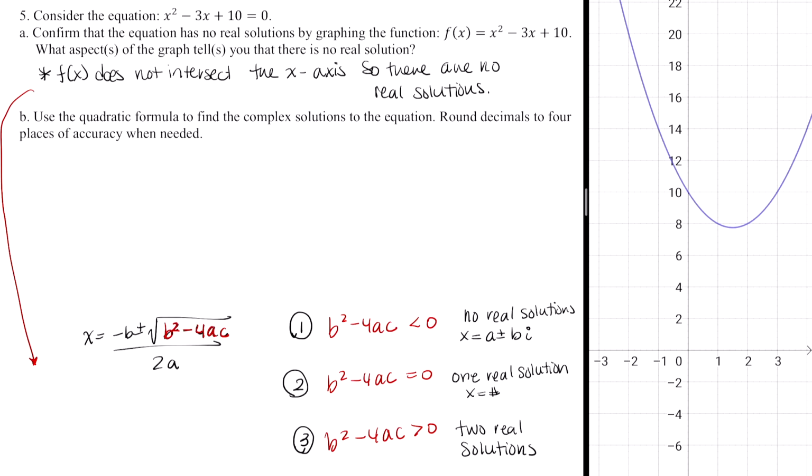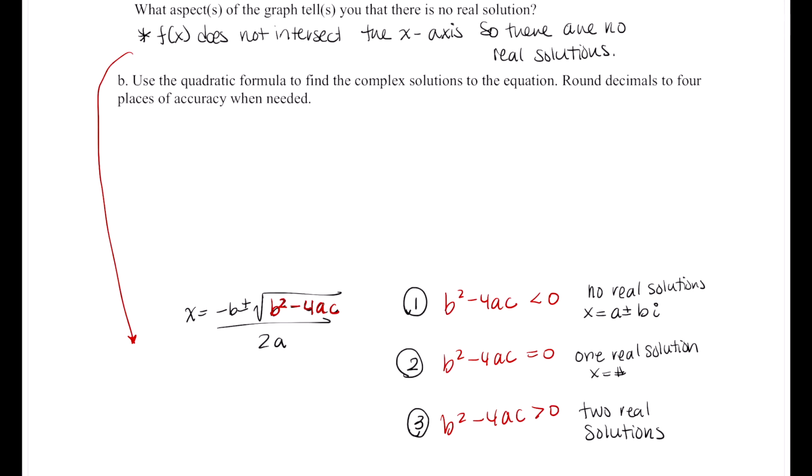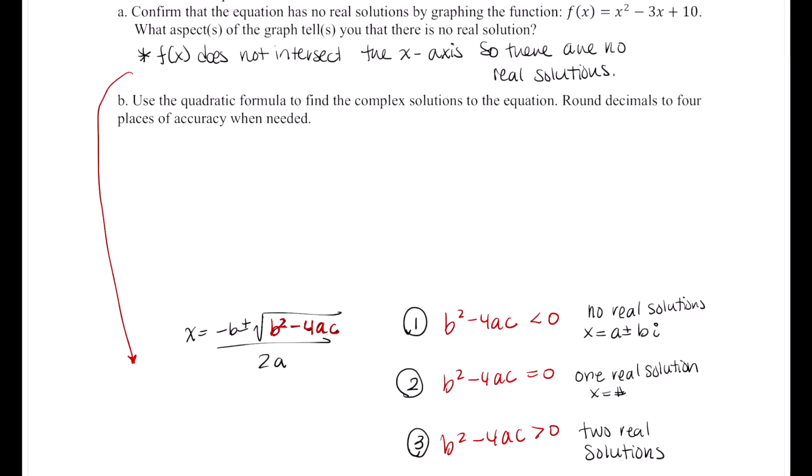Let's continue. Now we're going to use the quadratic formula to find the complex solutions to this equation. And the equation I mean is this one here. And let's use technology and round to 4 decimal places if needed. So x equals, let's see, a is equal to 1, b is equal to negative 3, not 3, and c is equal to 10. And I get that by looking at these coefficients. So this is 1, negative 3, 10.